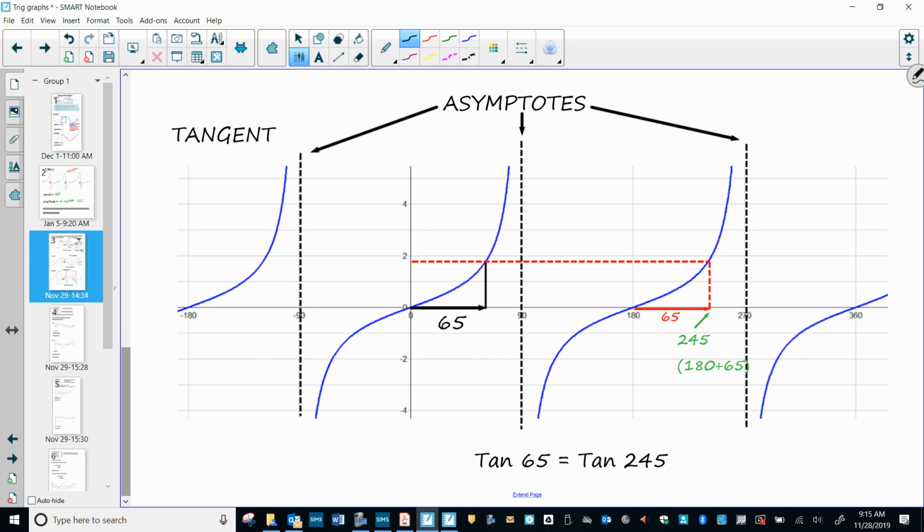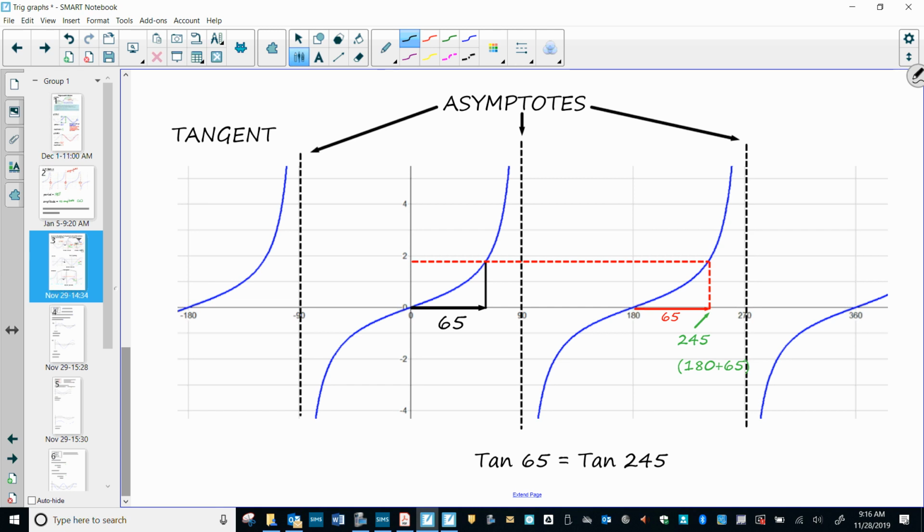Tan. Okay? Tan is also a nice easy one because essentially all you have to do is add 180 to all of your answers, because for each tan cycle or period, there's only one value that gives you that answer. Does that make sense?